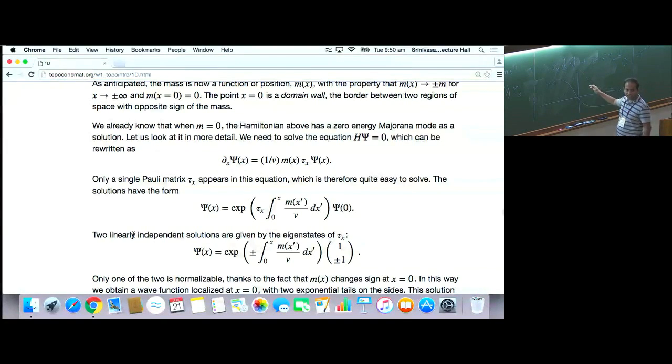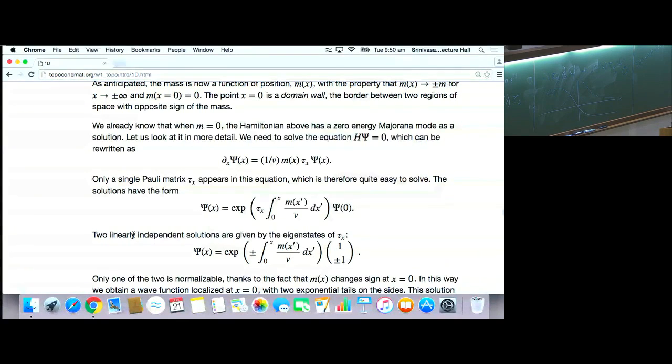It should be bounded. It should exponentially decay to both sides of the domain wall. Which means that this m of x has to be less than 0 on one side and greater than 0 on the other side. That's the only case when you can find a solution to this equation. If m of x has the same sign on both sides, then I'll either get something that blows up on the left side, or something that blows up on the right side.